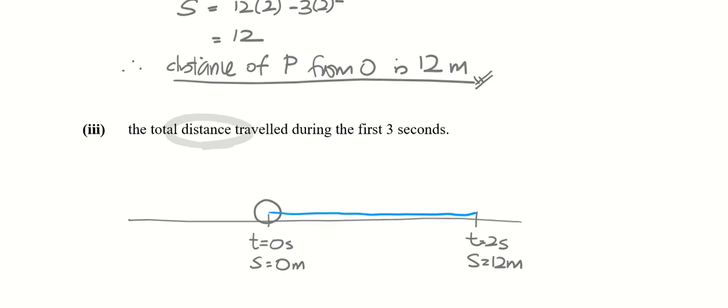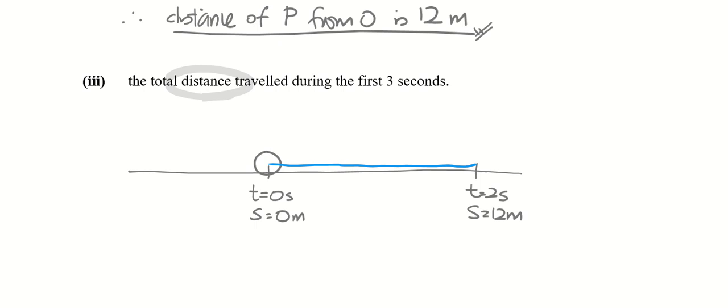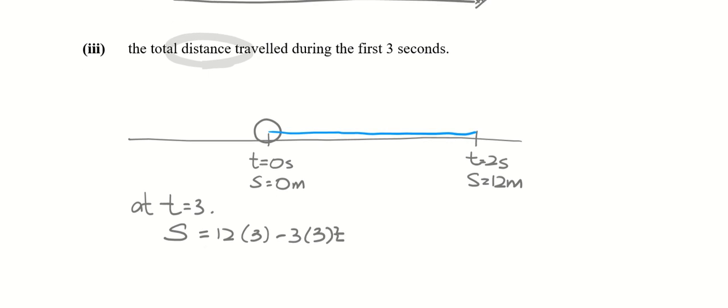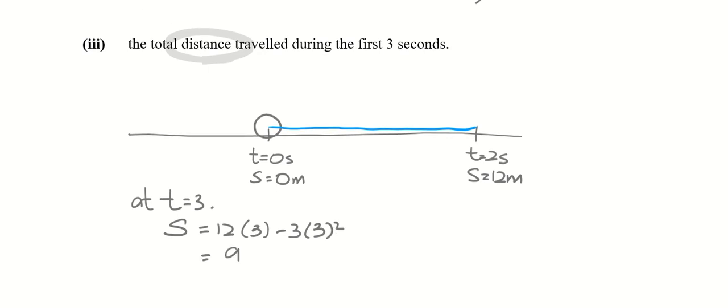Now it cannot just stop there, because there is motion at t equals 3. If you stopped for infinity, your s would be equal to 12 meters. But when you sub t equals 3 inside, you realize this is what you are going to get: 12(3) minus 3(3) squared, which gives 9.